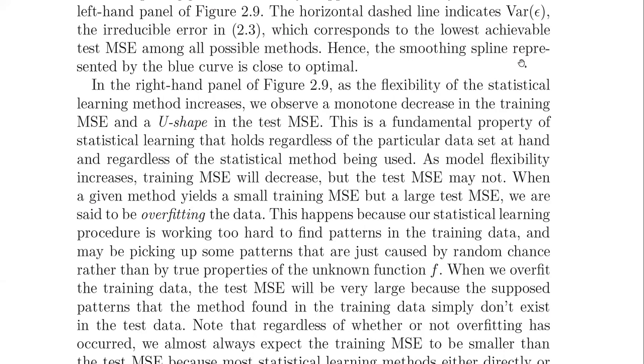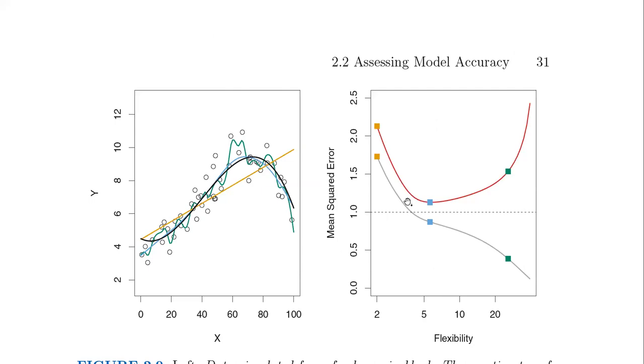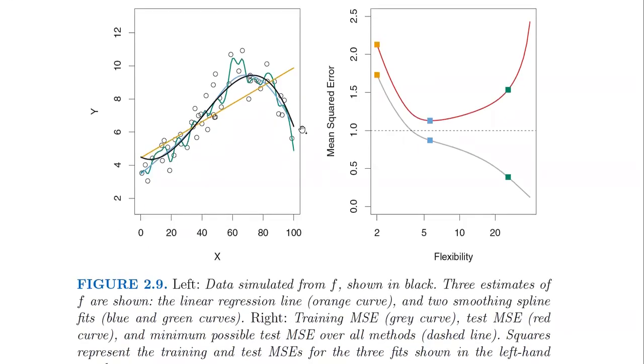Hence, the smoothing spline, represented by the blue curve, is close to optimal. This curve over here, the blue, is really as close as you can get when it comes to reducing your model's mean square error.